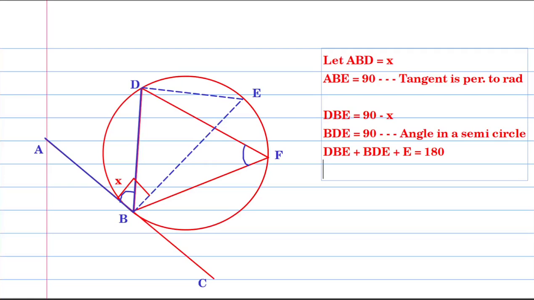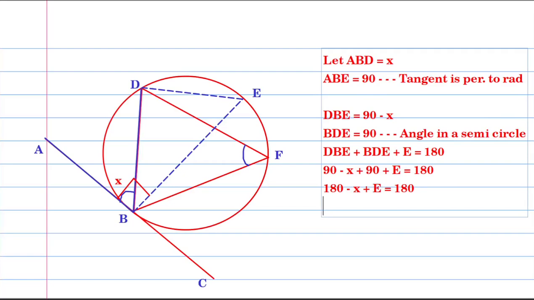Next, DBE, that's 90 minus x. BDE, it's 90, plus angle E. This is equal to 180. 90 plus 90 is 180, minus x plus E. Angle E is equal to 180.